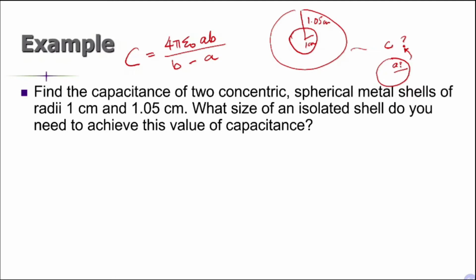So it's geometry specific, your capacitance. So the best is to remember how to derive them rather than remember specific equations. But for specific geometry equations, it's good to remember them if you can, but it's even better if you can derive them.